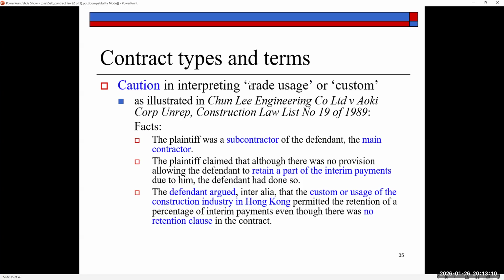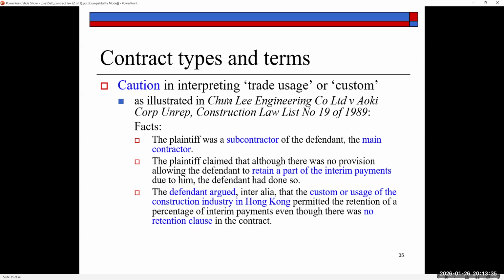Caution, but be careful. Relying on trade usage or custom is not always successful. Again, be careful of some exceptional cases, as illustrated in the Chen Li case, Chen Li and Aoki. Those working in the construction industry, maybe you have come across this company.